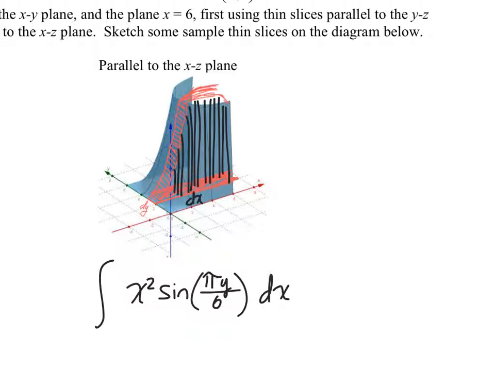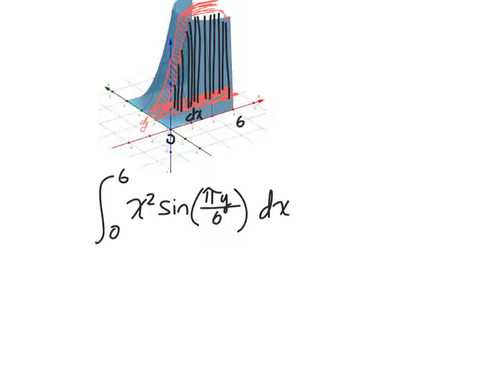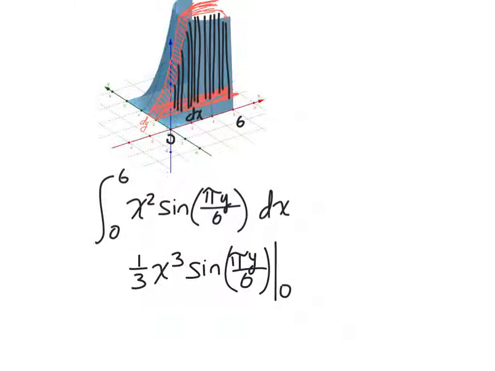And then you'd state its starting and stopping point. It's going from 0 to 6. All right, so I'm integrating this with respect to x. So it's really just 1/3 x cubed sine pi y over 6, going from 0 to 6.